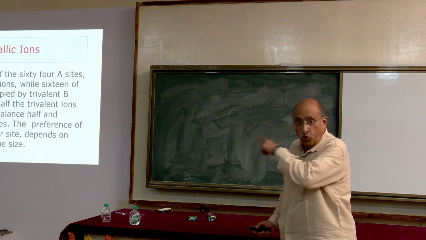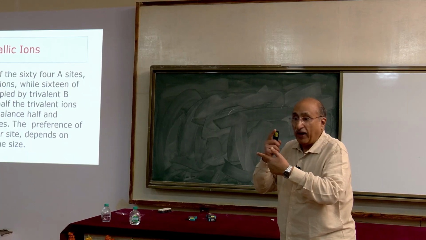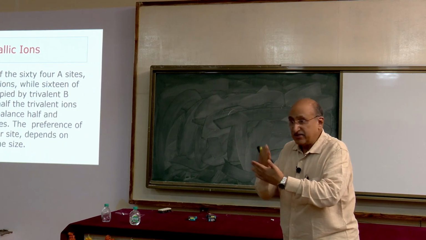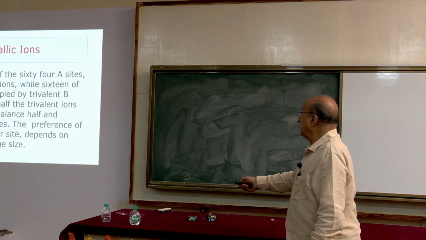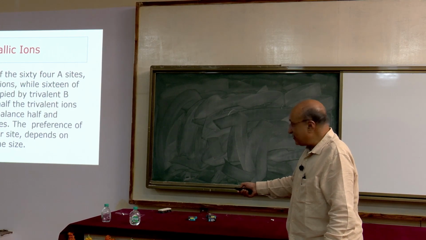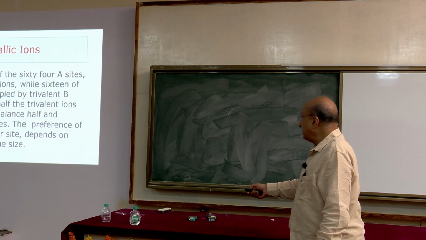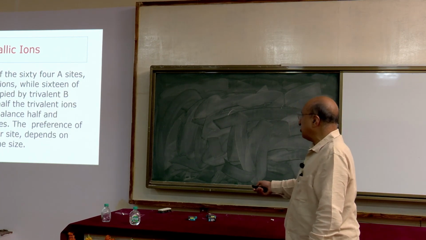Because with AB2O4 there are 8 formula units, you require space for 8 A and 16 B. Alright. In inverse spinel, half of the trivalent ions occupy the A site, while the balance half of divalent ions occupy the B site.